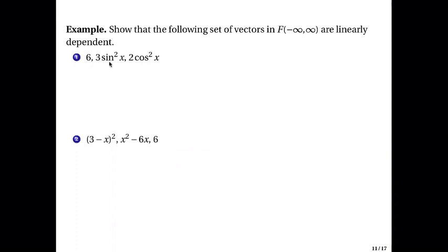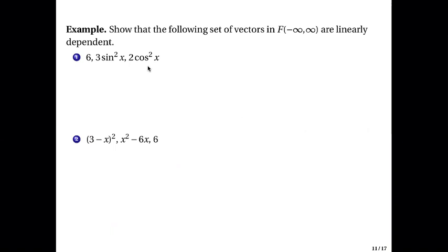So these are the vectors in this space. We want to show that they are linearly dependent. At least we are sure that they are. All we need to show now is to write one of the vectors in terms of the other.